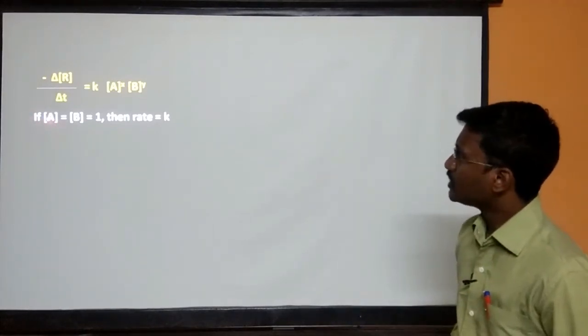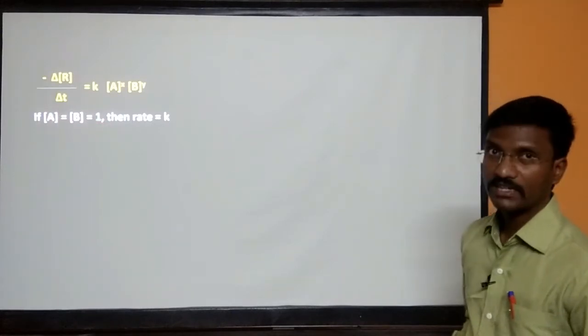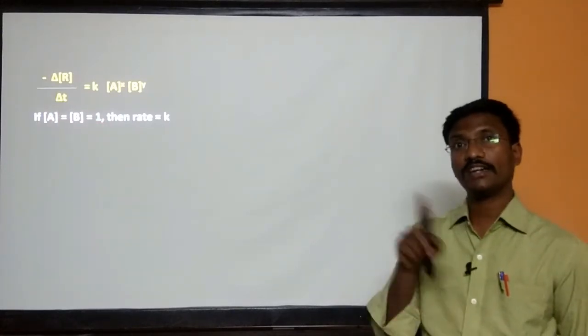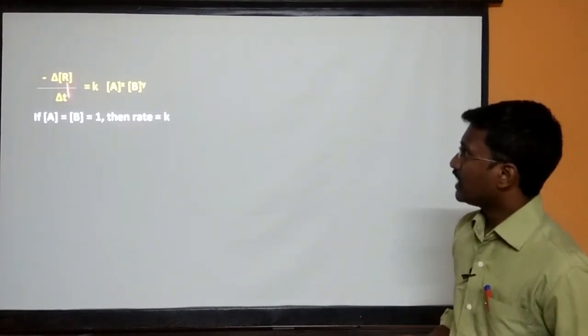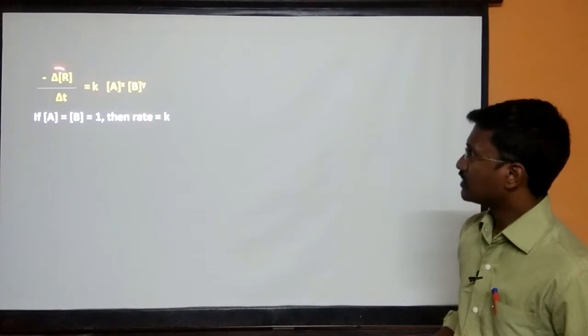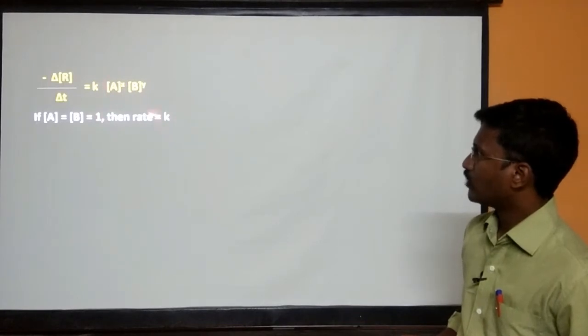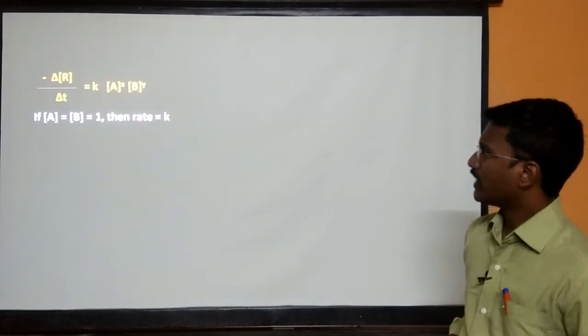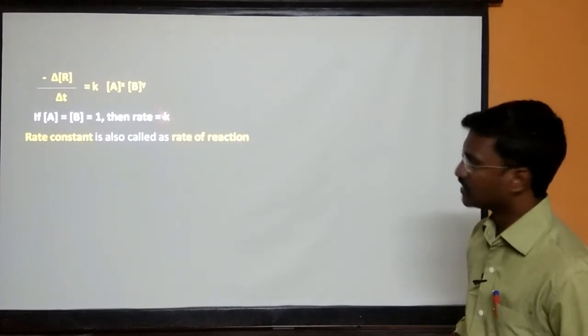Therefore, if the concentrations of both A and B are 1, then the rate, which is dR by dt, is equal to k, because these two become 1. 1 into k is equal to k. Why we are writing this is only to represent the rate constant. Here rate constant is nothing but k.